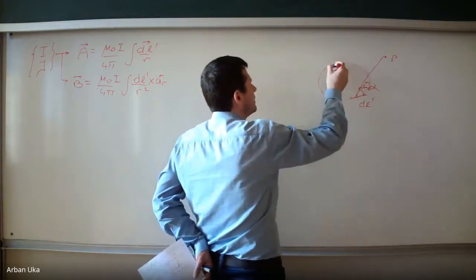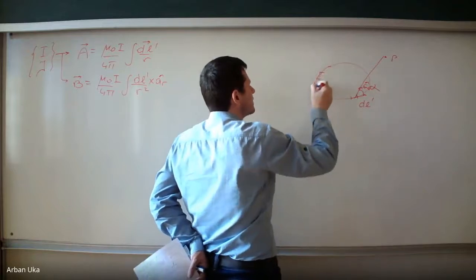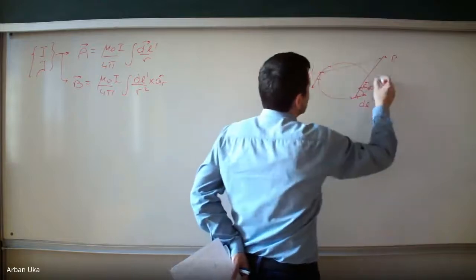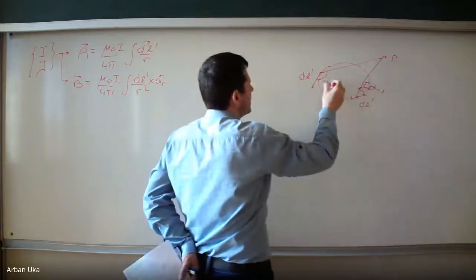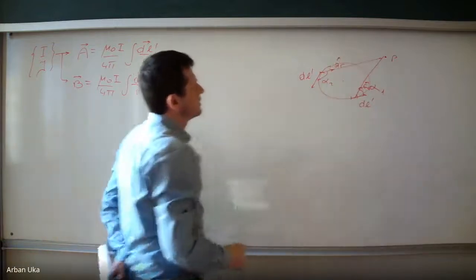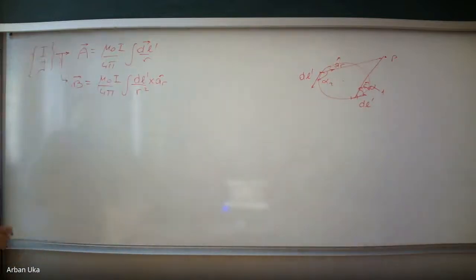At the same time, we can have another infinitesimally small current element dl prime, and here this is alpha 1, this is alpha 2, this is the unit vector along the AR. So more or less, this is the representation of these equations, and this is all we can say for the moment.